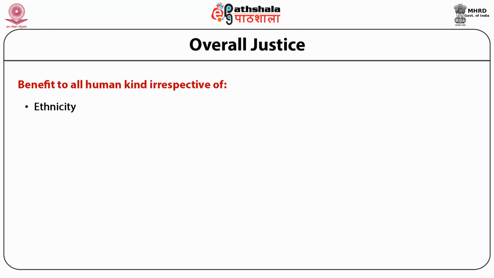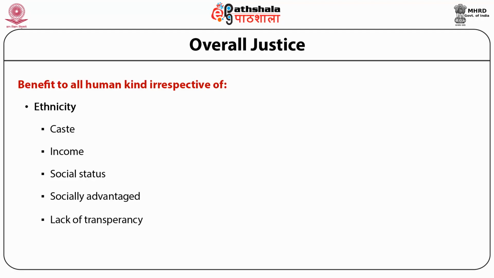There should not be any kind of bias for caste or income, and the human subjects should be recruited irrespective of social status, irrespective of whether they are in a socially advantaged group. If there is a lack of transparency in the protocol, the research should not be conducted, and the human subjects should have transparency about the research protocols for which they are recruited.